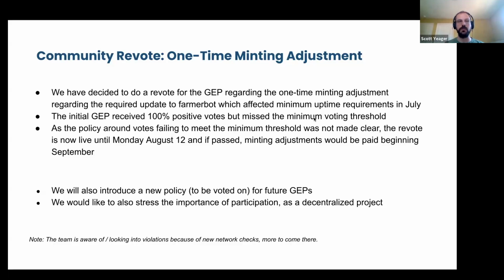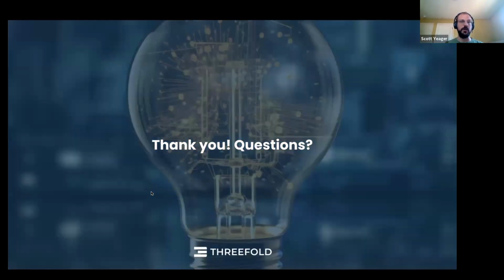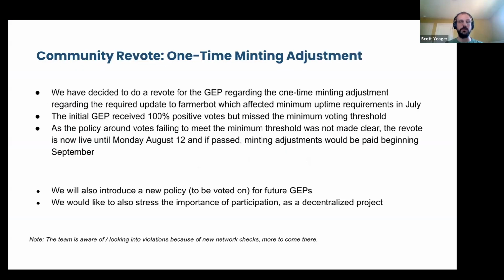The way that the GEPs work is that a certain number of farms must participate in any vote for it to become finalized. So there's the weight of yes and no votes, as well as a total threshold. Since we didn't meet the threshold, we're running the vote again, giving the community a chance to rally and get the necessary participation.